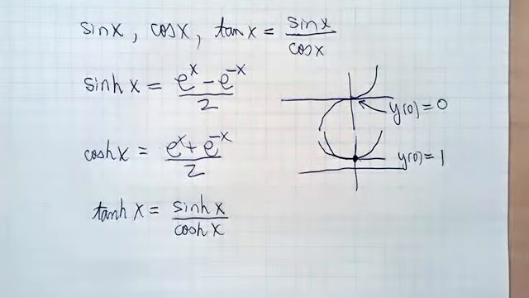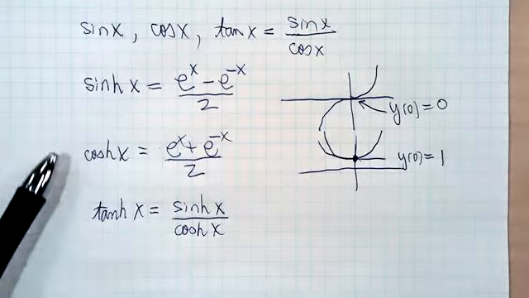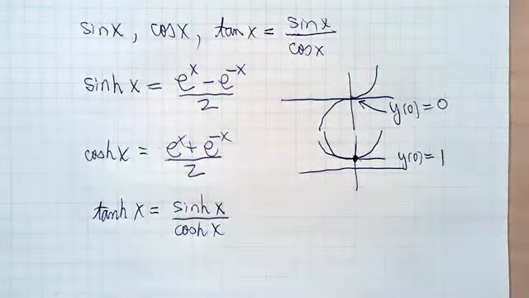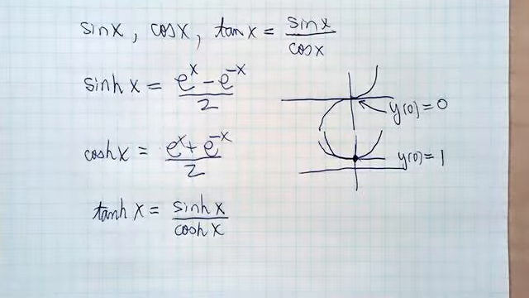I know they come up in engineering because I have an engineering math book, and when I work on problems out of that, hyperbolic sine, hyperbolic cosine, hyperbolic tangent are not uncommon functions to encounter.